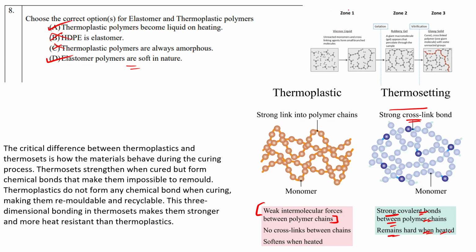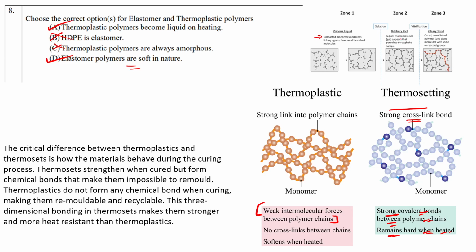Here you are seeing that three zones are there. In zone one, a viscous liquid: unreacted monomers and cross-linking agents form small branched molecules. When it is heated, this kind of branching and polymer formation starts, and gelation occurs because the polymerization has already started.